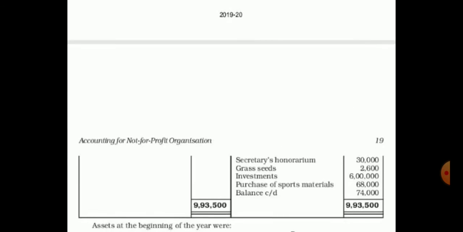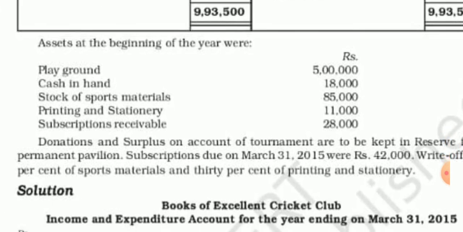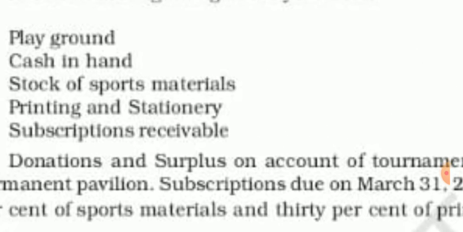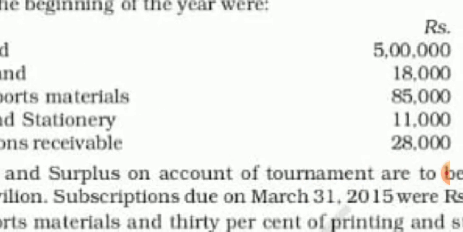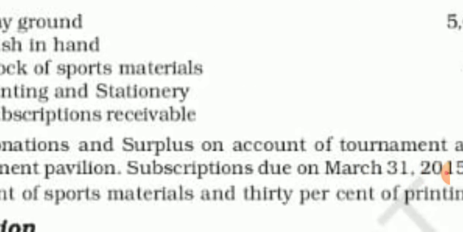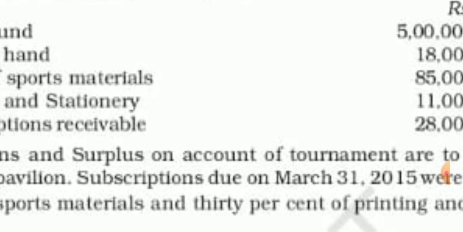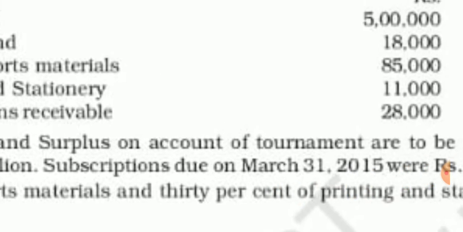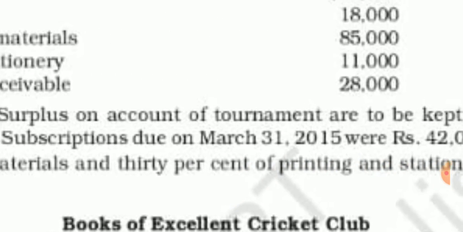Now we are going to see the adjustments or information given outside of the question. Playground 5 lakh, cash in hand 18,000, stock of sports material 85,000, printing and stationery 11,000, subscription received 28,000.